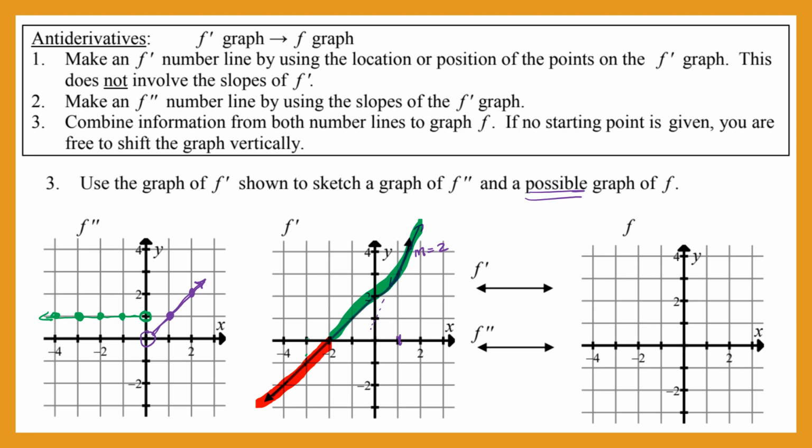Okay, so when we talk about our f prime line, we really have this one possible extrema right here at -2. On the left-hand side, we are negative. And on the right-hand side of that, we are positive. All right, now let's talk about what that means for our original graph f.